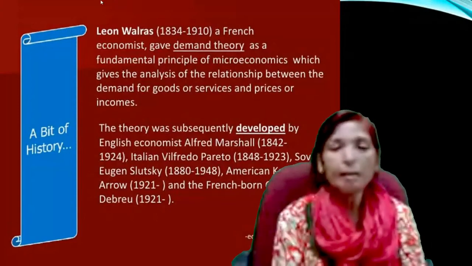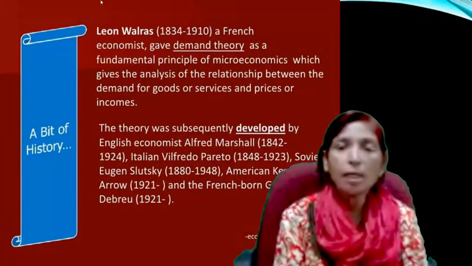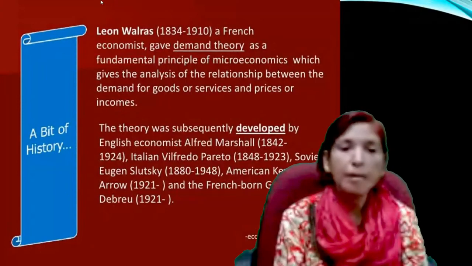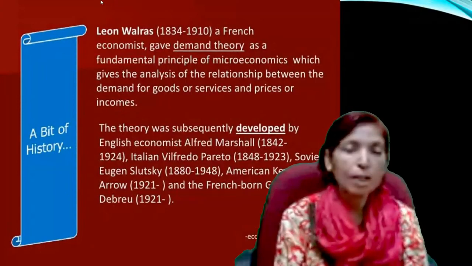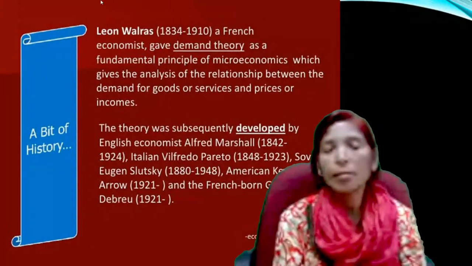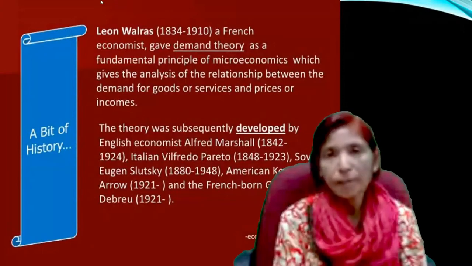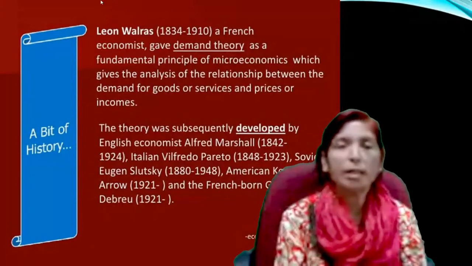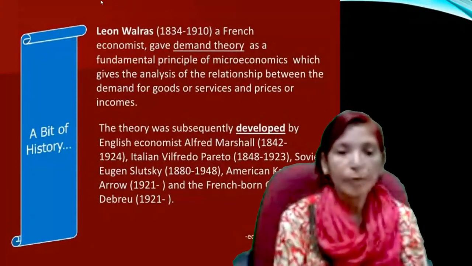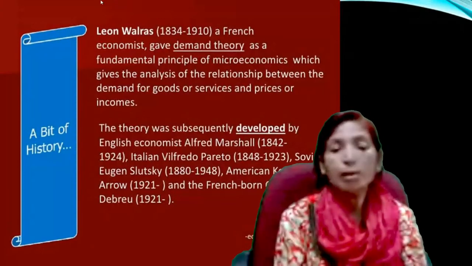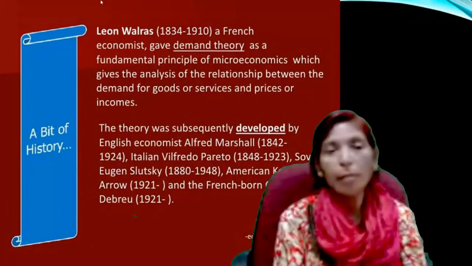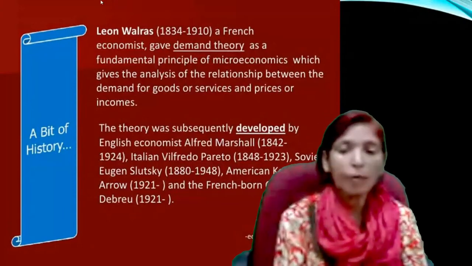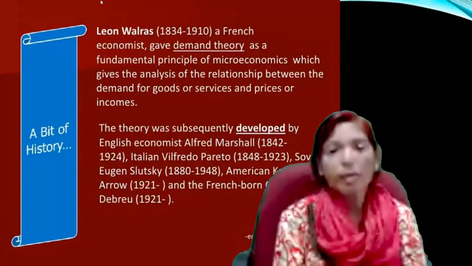After that, this theory was subsequently developed by English economist Alfred Marshall. The time period of Alfred Marshall is 1842 to 1924. Italian economist Vilfredo Pareto, 1848 to 1923.